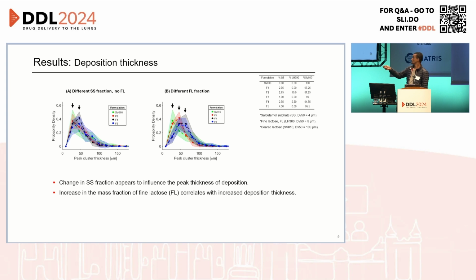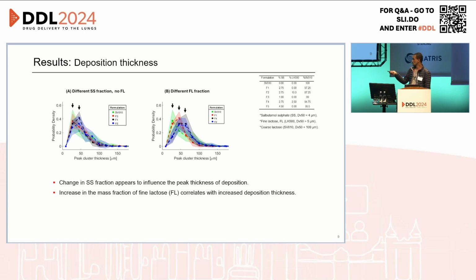For that matter, we just grouped the formulations into 2 to assess the effect of the API and the fine lactose. First is for the different proportions of the API. Second, the graph represents this for different proportions of the fine lactose, but a fixed amount of, as you can see in the table, fixed amount of the API.